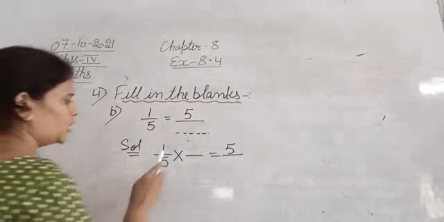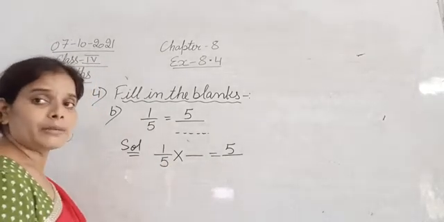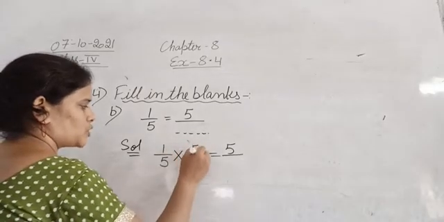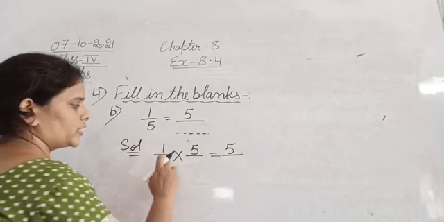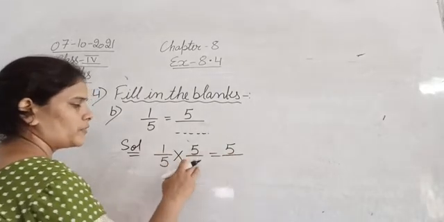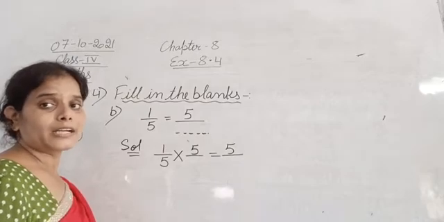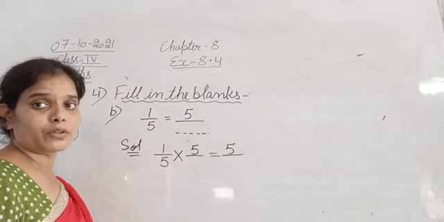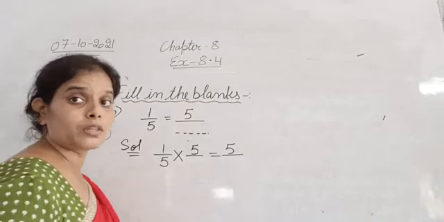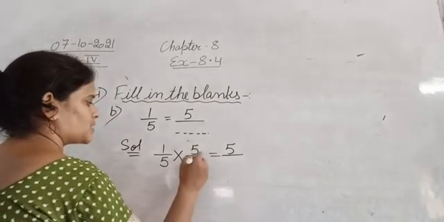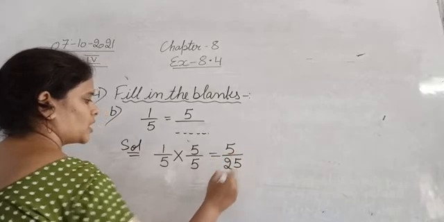So for converting numerator 1 into 5, what you will do? You will multiply 1 with 5. So if you multiply 1 with 5, you will get 5 as your numerator. 1 into 5 is 5. Both are equivalent fractions as shown here. So if the numerator is multiplied with 5, definitely the denominator will also get multiplied with 5. So 5 5s are 25.